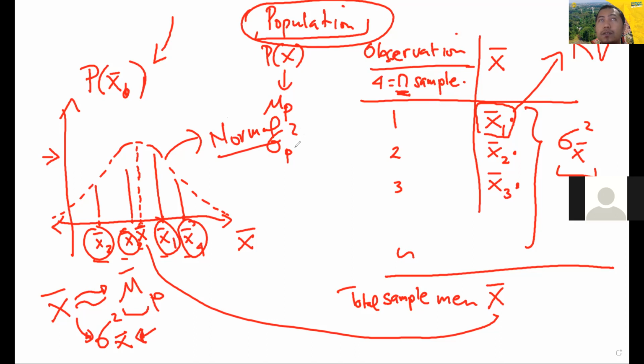Jadi bahasa Indonesianya, apapun jenis probability distribusi dari populasinya, kalau kita mensampling dengan sampling yang cukup, maka bentuk probability distribusi dari sampel min-nya, rata-rata sampelnya, akan berbentuk normal.